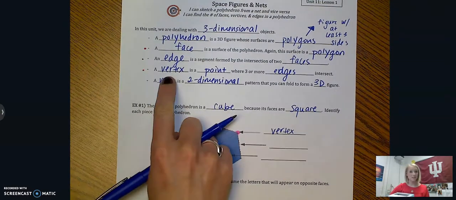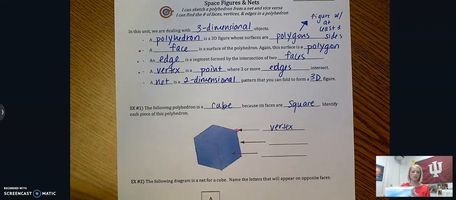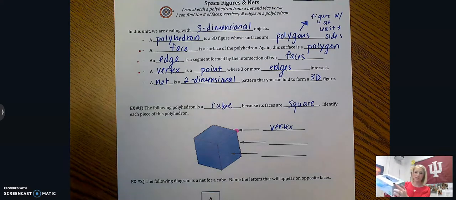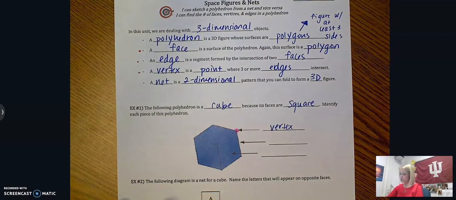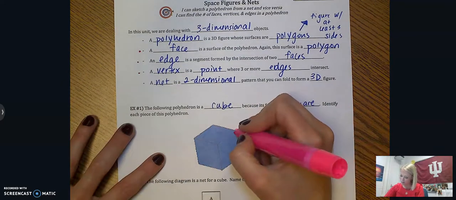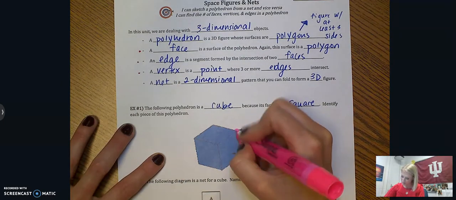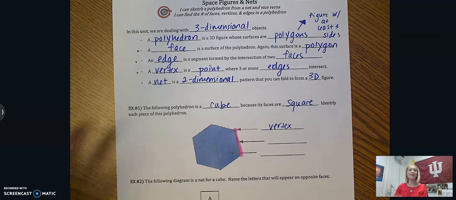Technically the definition of a vertex is where 3 or more edges come together. So the edges, you guys, are just the little lines where the 2 sides come together. Like this is an edge, this is an edge. See how 3 edges come together to form that little vertex, that little point? So the second arrow right here is pointing to that line segment, that's an edge.